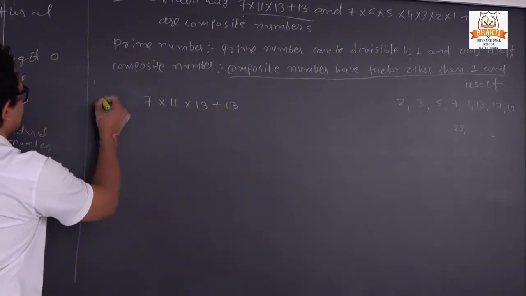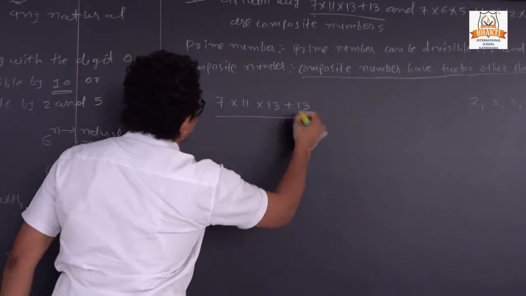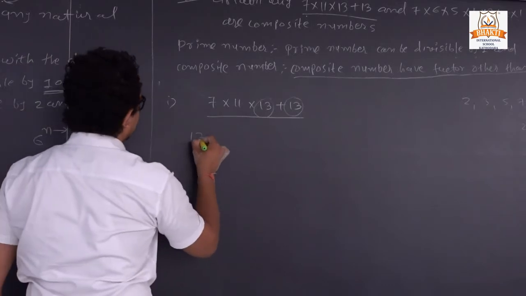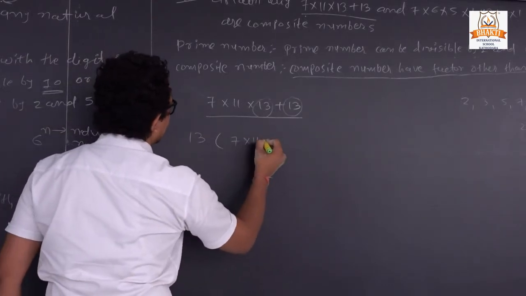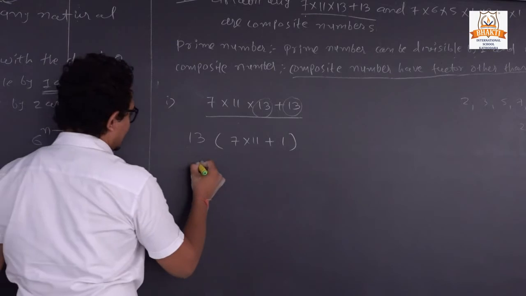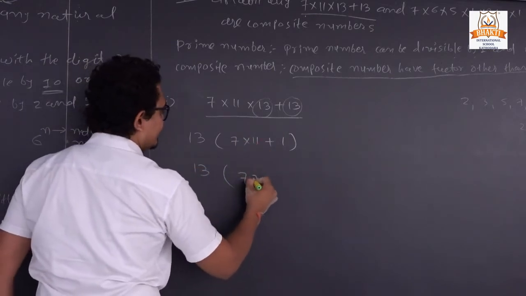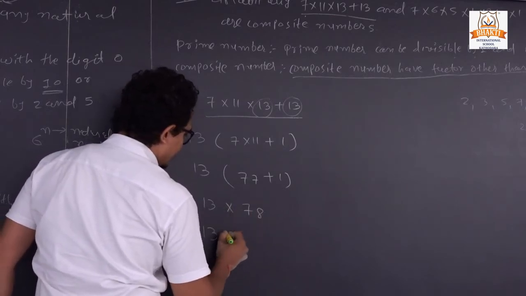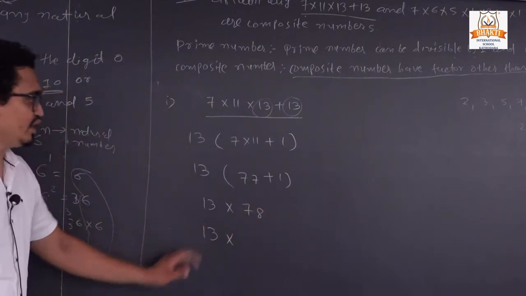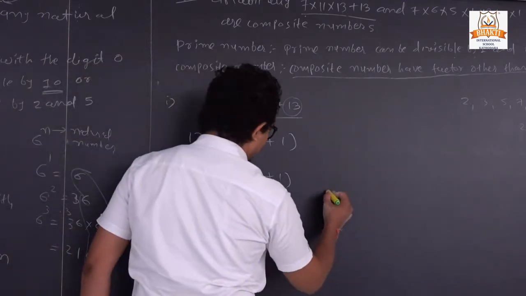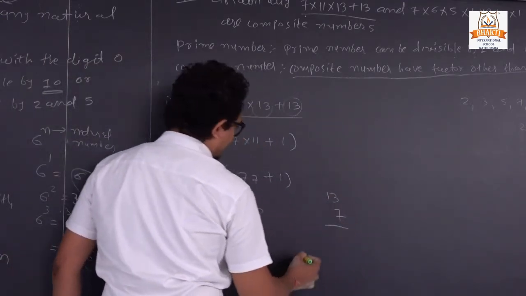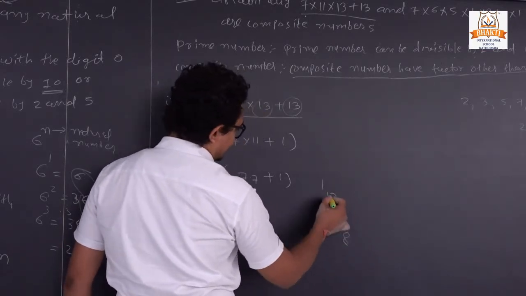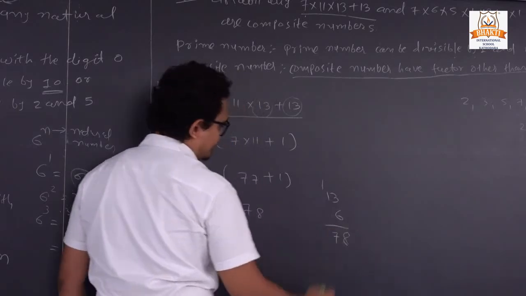So we can start with our first term. Here 13 is a common term, so we can take 13 as our common number. So 7 into 11 plus 1. Now 13 is as usual, 77 plus 1, so 13 into 78. So 78 is in the table of 13, we can check it. 13 sixes are 78.